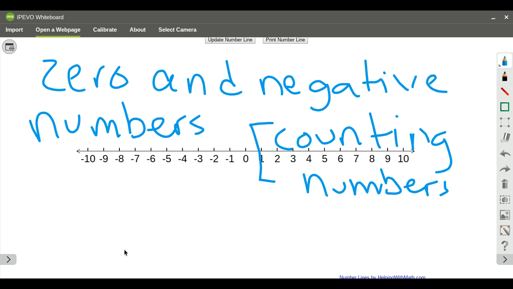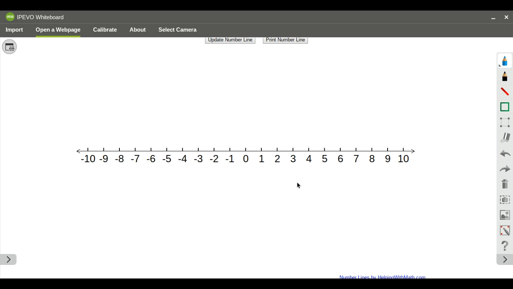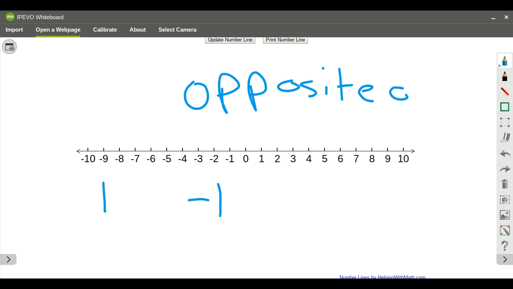Alrighty, so in 4 through 9, we're going to write the opposite of each integer. So if I have 1, the opposite of 1 is going to be negative 1. Okay, so I'm just going to set it like this. Set up my phrasing. Opposite of. My next one is going to be negative 1.